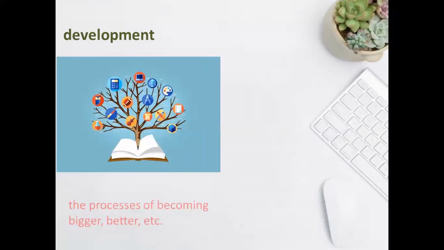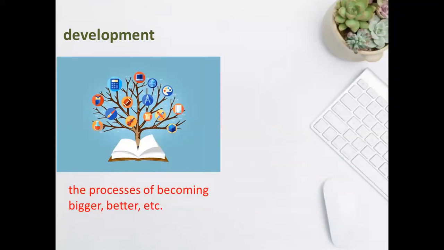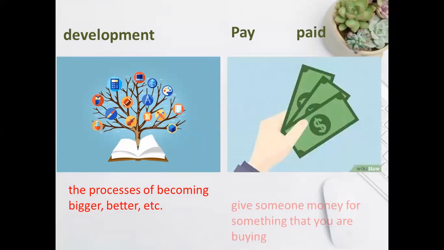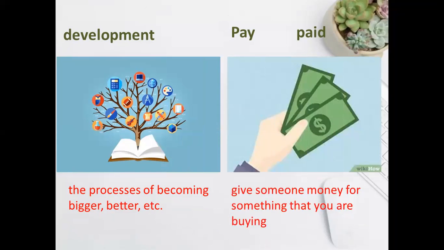Development is a noun, means the process of becoming bigger, better, etc. When something becomes bigger, better, we call it development. Paid, the verb pay and the past simple paid. Pay, to give someone money for something that you are buying.